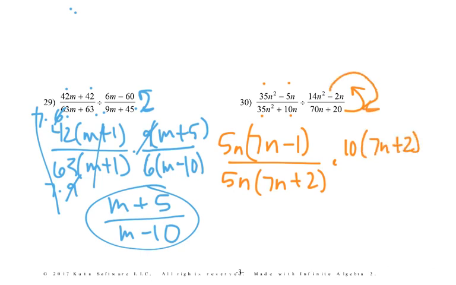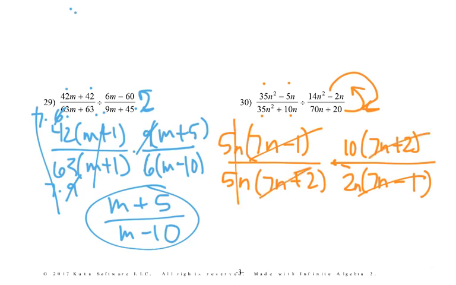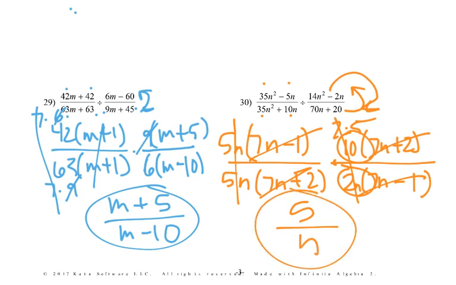This one goes on the bottom, and we would pull out a 2, and we get 7n plus 2n, 7n minus 1. Those cancel, those cancel, those two cancel. 10 divided by 2n, well, that would be like 2 times 5. So we'd have 5 on top and on the bottom. There's our answer, and there we are.